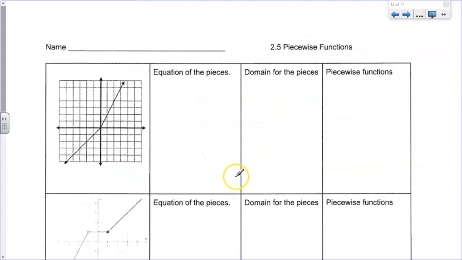Okay, so let's look at this first one here together. You can tell there are 2 pieces here. The y-intercept is 0. So we're going to write the equation of the pieces. First we're going to do this first one. So y is going to equal the slope there, down and over, down and over. So the slope is 1, so that's y equals x.